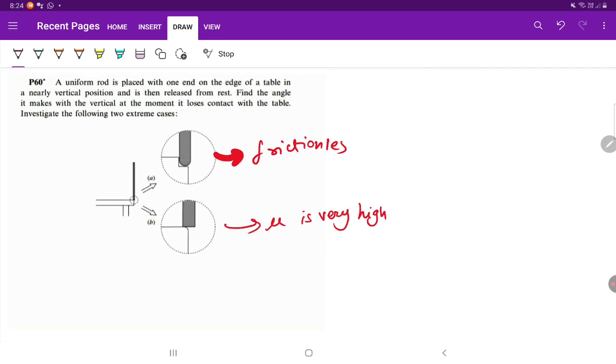In the first case, it is a square-like or rectangular-like groove, whatever you take, and this is frictionless. A rod is about to fall about this groove, and you have to tell me the angle at which it will leave the contact. In the second case, it is a nearly circular groove with very high curvature, or a very small radius.